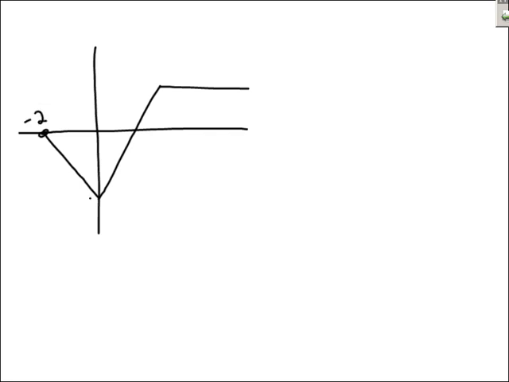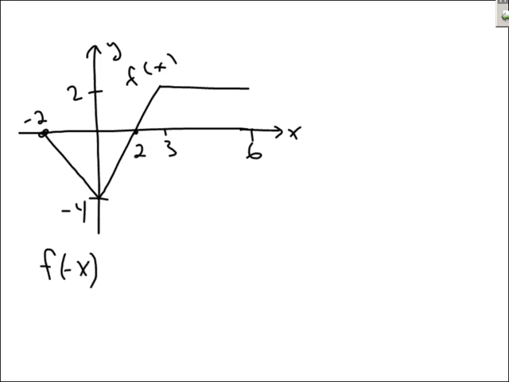Negative 2, negative 4, 2, 3, 6, 2. This is the graph f of x. Now, if I wanted to graph f of negative x, okay, how would we graph that?